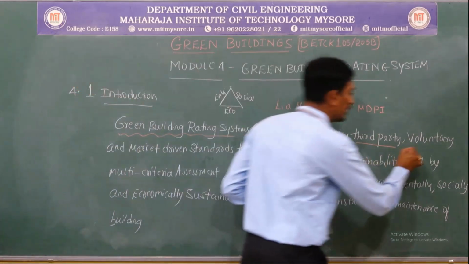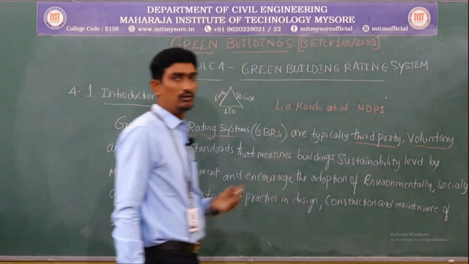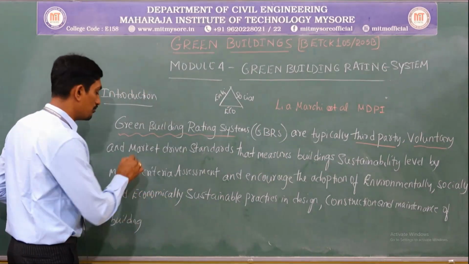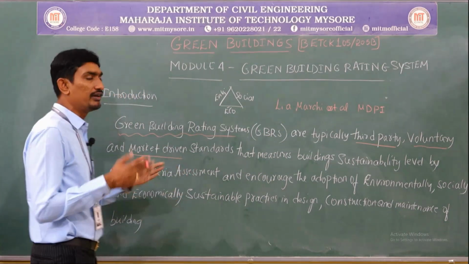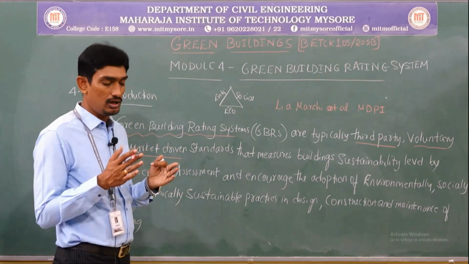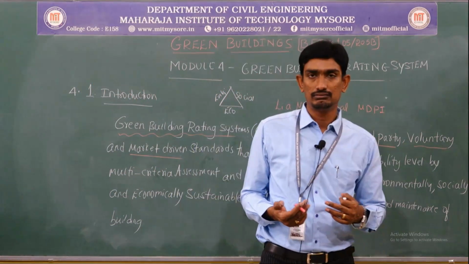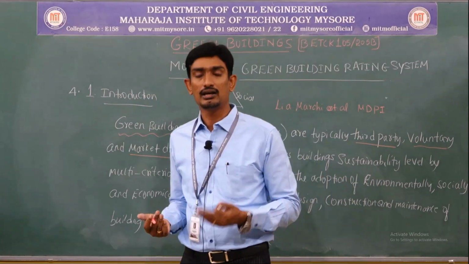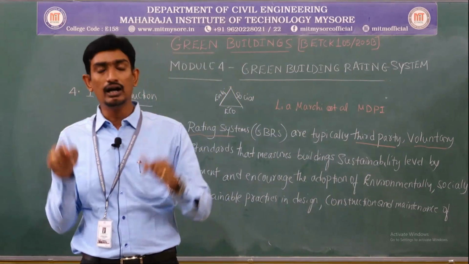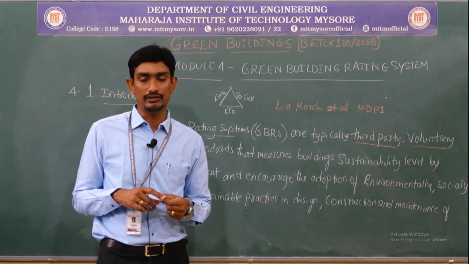Voluntary, that means voluntarily, and market driven. Market driven standards means we have got certain standards. How to assess, I am going to explain in the various types of assessment techniques.